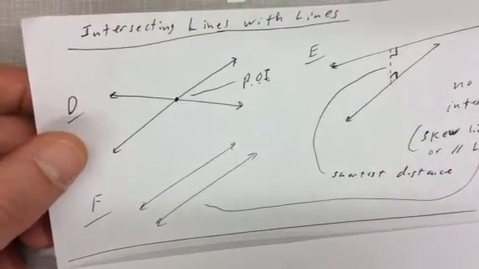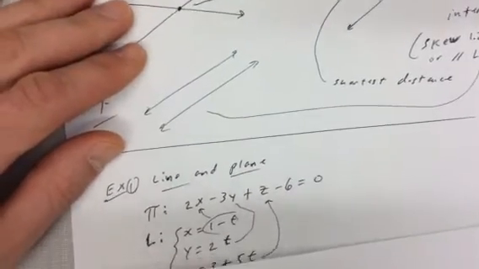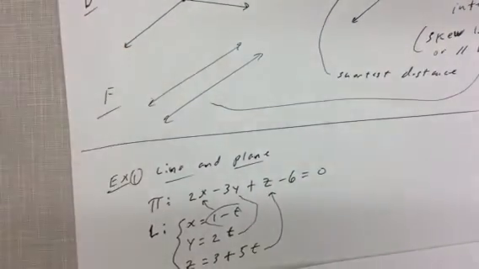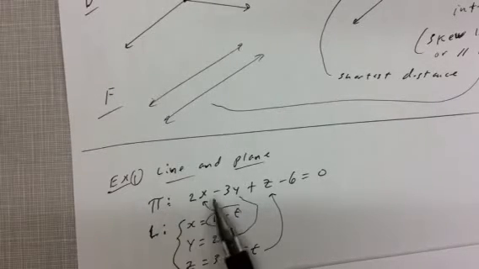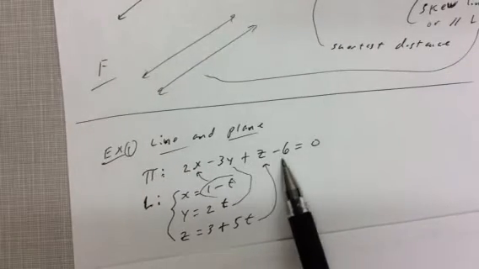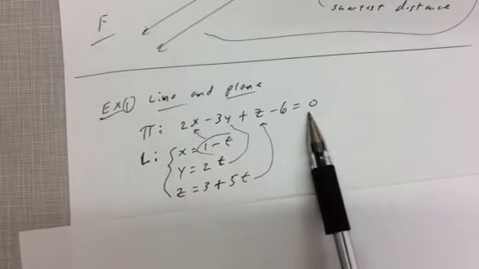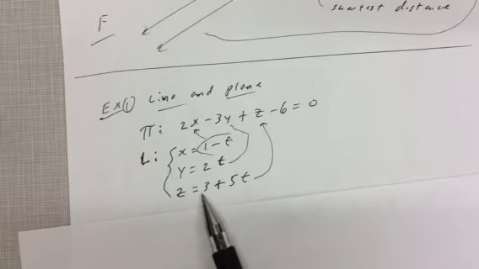All right, so let's take a look at the intersection of a line with a plane. Here is an example. We've got the plane pi: 2x minus 3y plus z minus 6 equals 0. And the line, this is the parametric equation of the line.